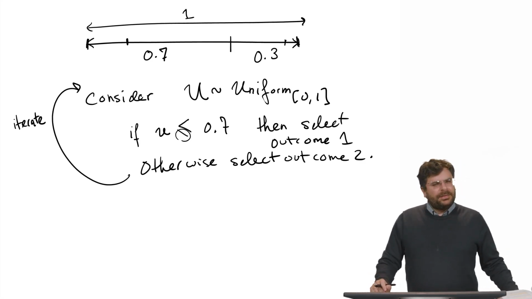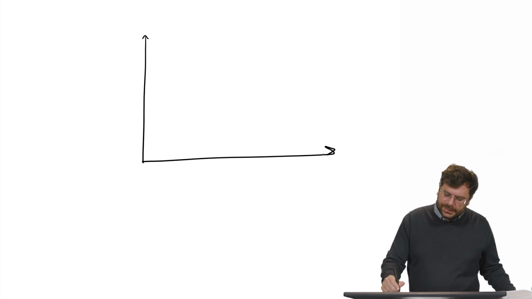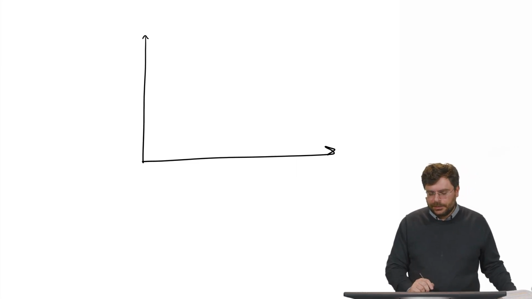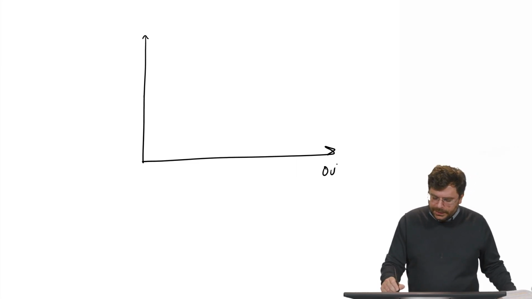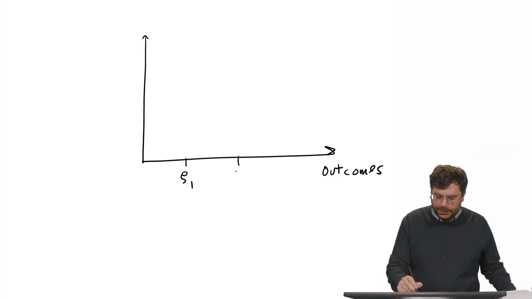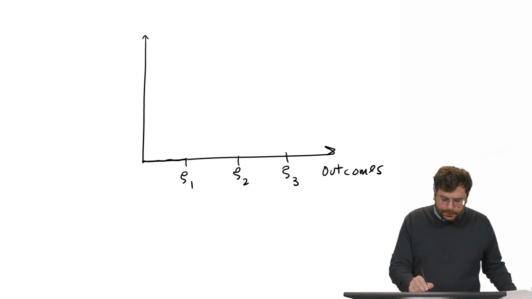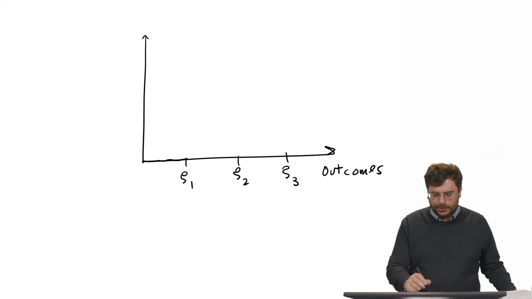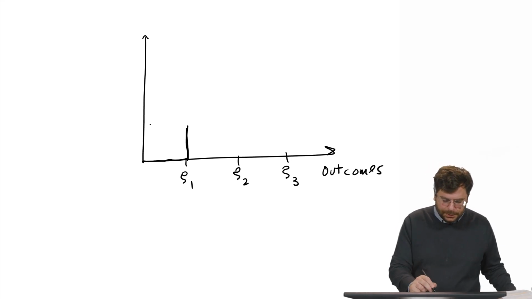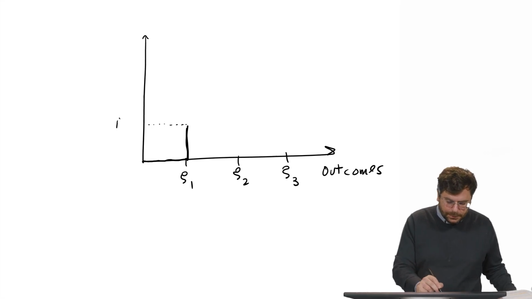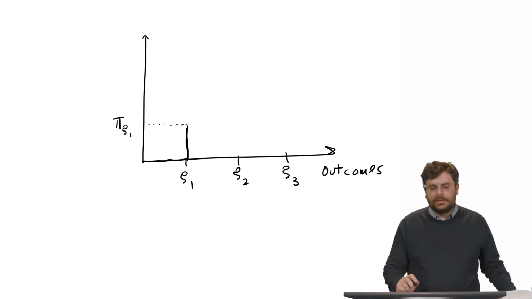Okay, well, what if I have more than one outcome? So let's talk about what happens then. So I'm going to draw my unit stick in a slightly different way. And these are going to be the outcomes. I'm going to have outcome rho 1, outcome rho 2, and outcome rho 3. Now, if you believe me for a second, I'm going to plot the probability of outcome 1.